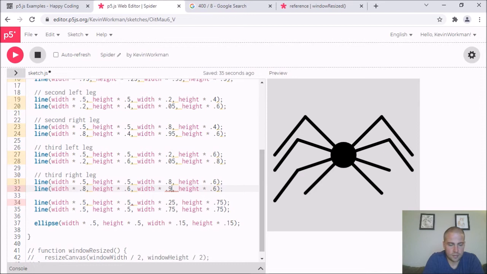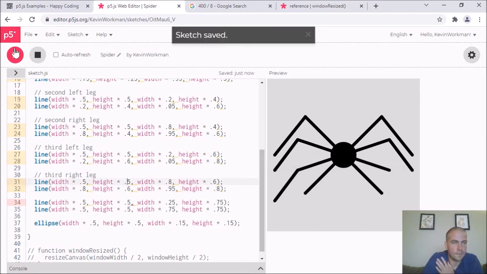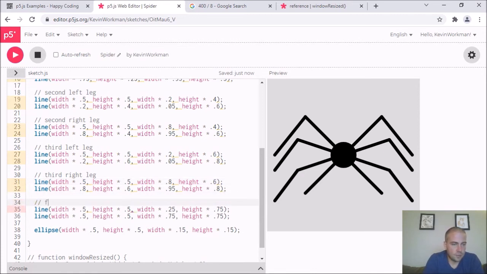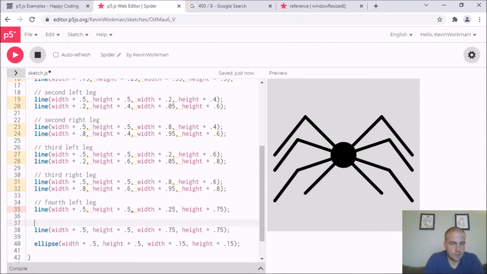I think to 0.95, so that they're aligned on the same right edge, and then this will be 0.8, just stealing the coordinate that I came up with for the left leg. Okay. And finally, we've got the fourth left leg, and the fourth right leg.